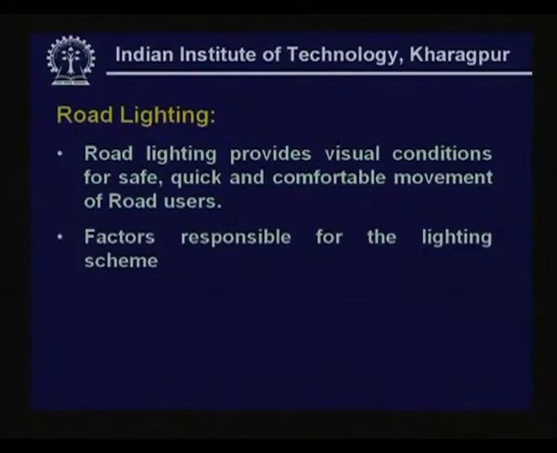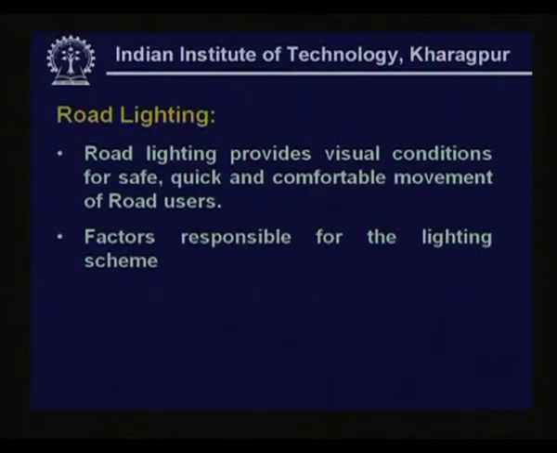Hence the roads are categorized according to the type of load it has to carry, or type of uses it has to carry. So, the aim is to provide quick, safe and comfortable movement of road users, and road users could be pedestrians, light vehicles and heavy vehicles.